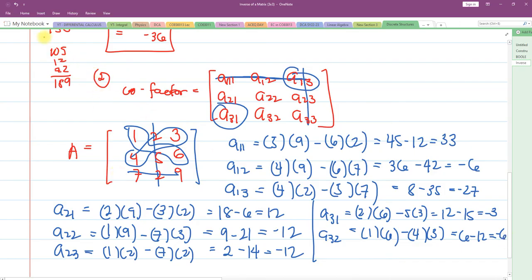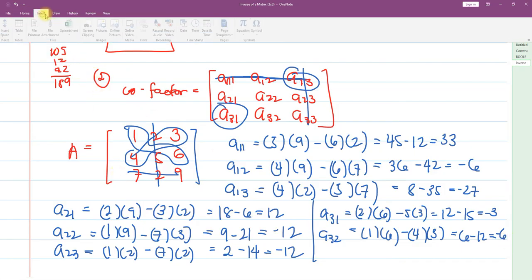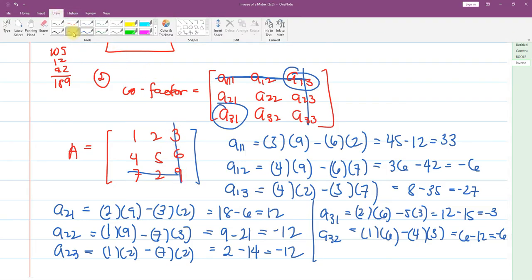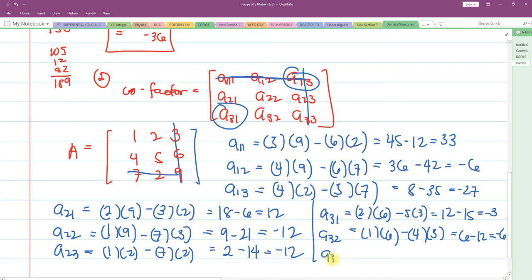And then finally, the A33. Row 3 and then column 3, crossed out. So you have 1 times 5 minus 4 times 2. So you have 5 minus 8, which is negative 3.